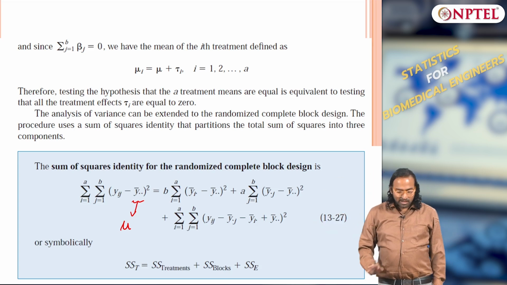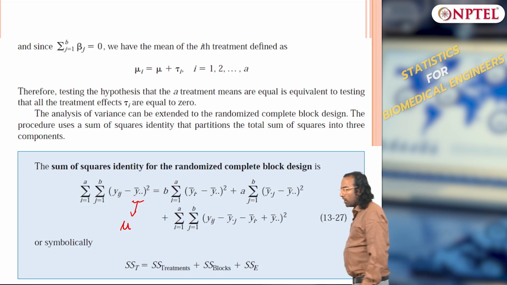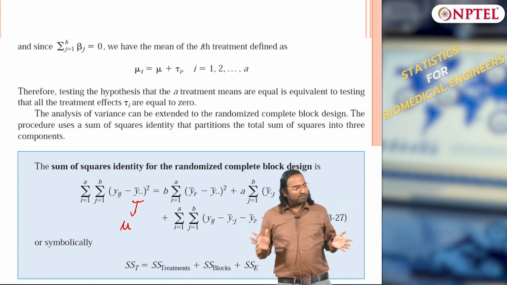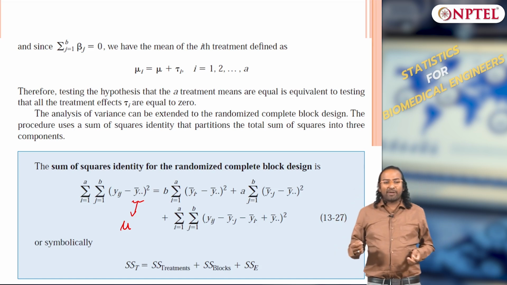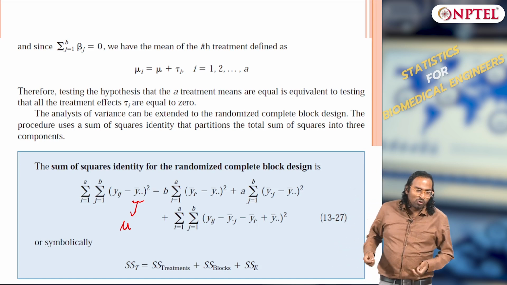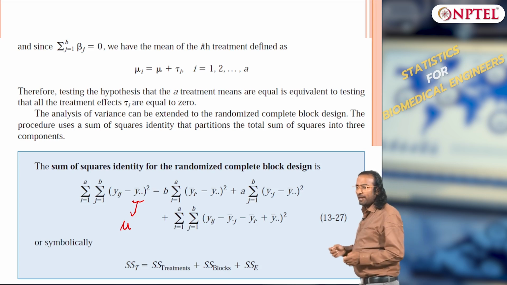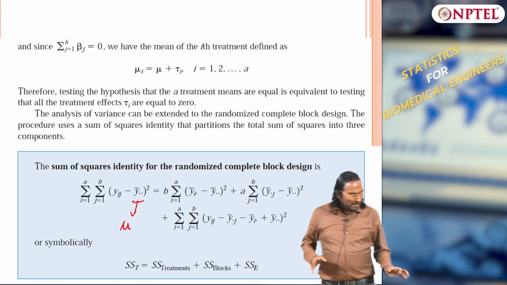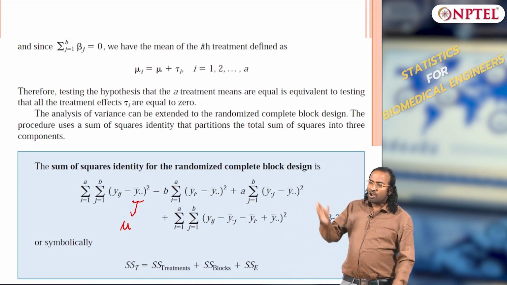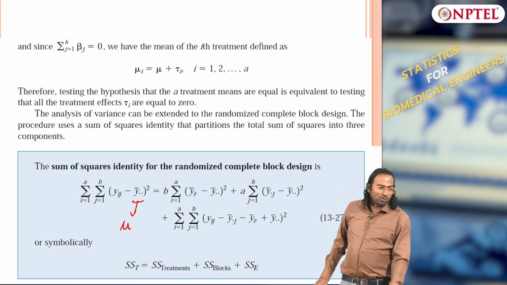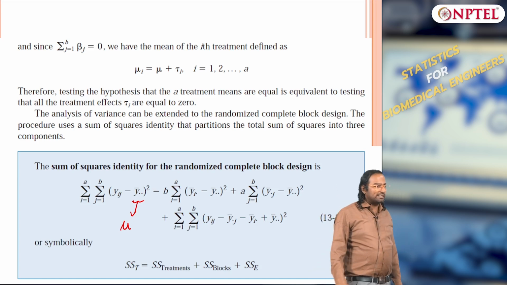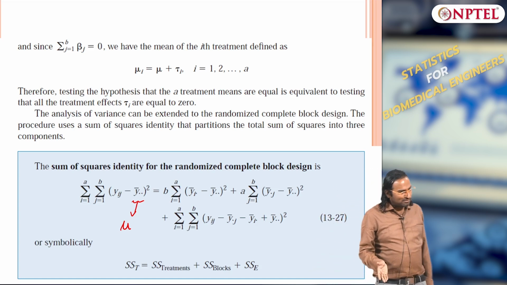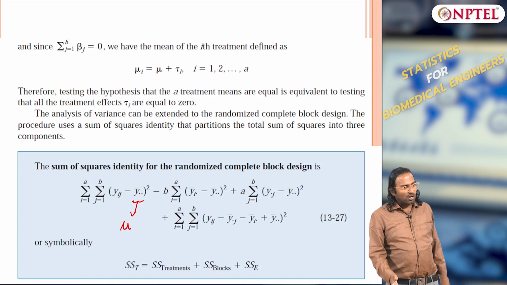So the total variability is y minus mu the whole square; if I write it term wise, it is y ij minus mu the whole square. What is the estimate of mu? y bar dot dot. So y ij minus y bar dot dot the whole square is my total variation along both the axes. I sum it up, that is the total sum squared variation. Sum square total is this quantity, which is along both the axes. This is similar to what we did in ANOVA also.